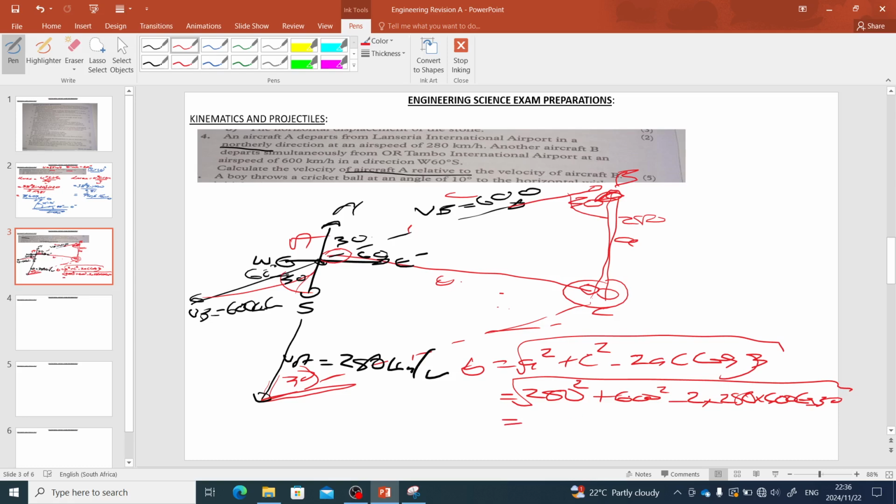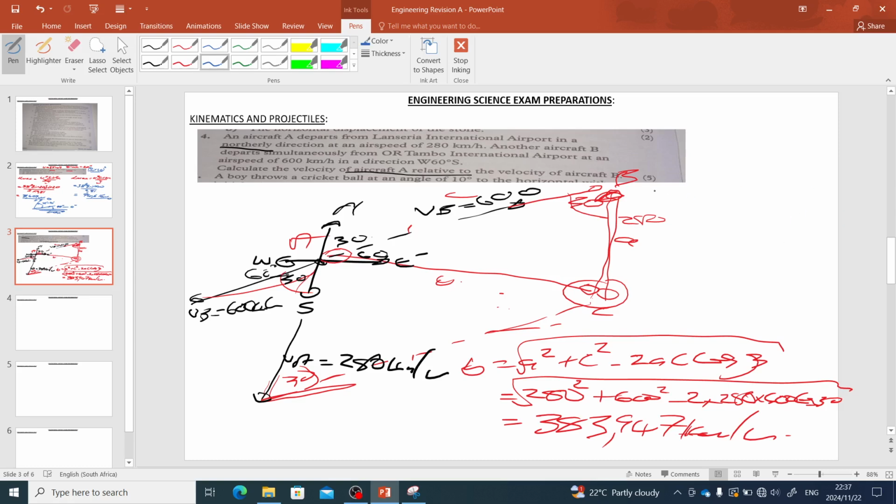Then our answer would be 280 squared plus 600 squared minus open bracket 2 times 280 times 600 times cos 30. I get my answer as 383.947 kilometers per hour. This is how we calculate our magnitude.